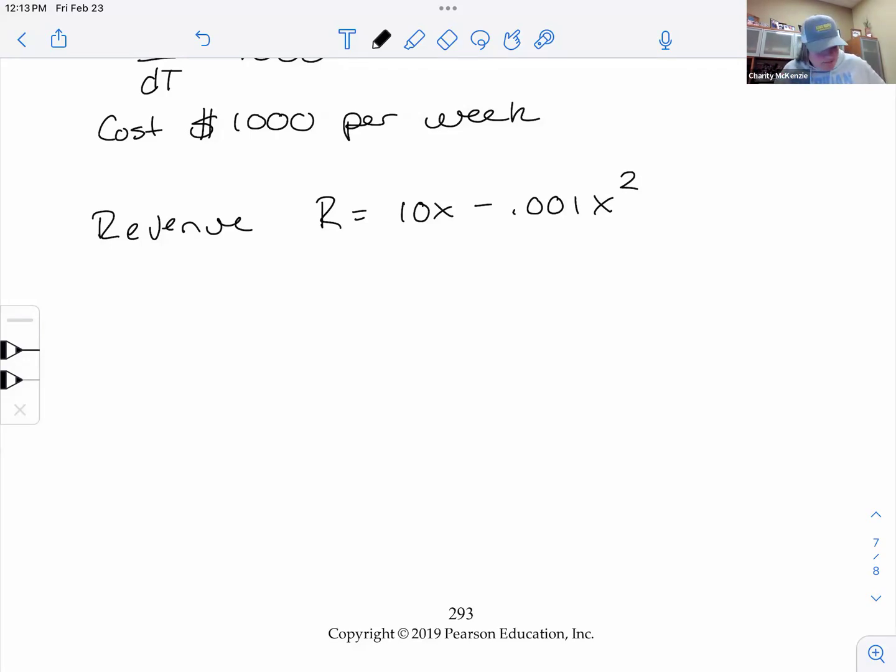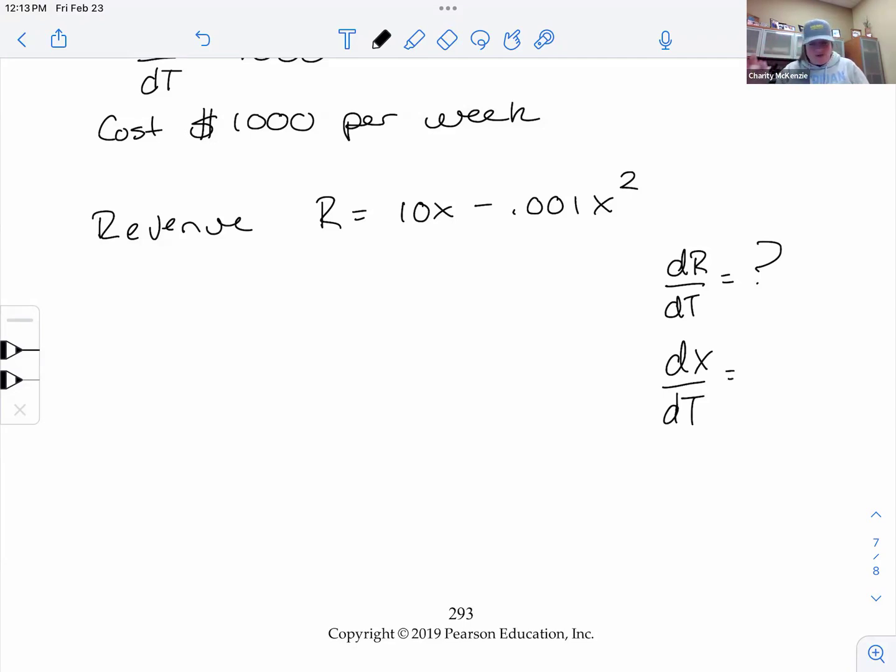So here we are. If we think about what each thing means in terms of what we're looking at, the dr dt is what we want to find. That's a change in revenue for the time, right? And the other thing that we have in here is dx dt. What are we changing in terms of our number of items each week?